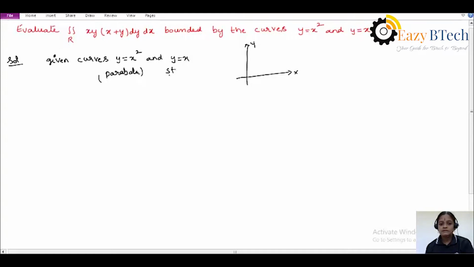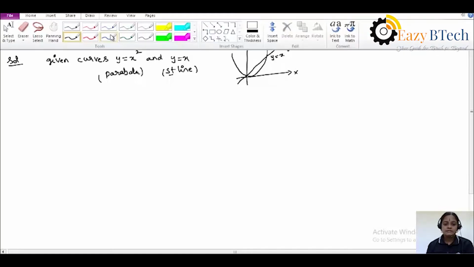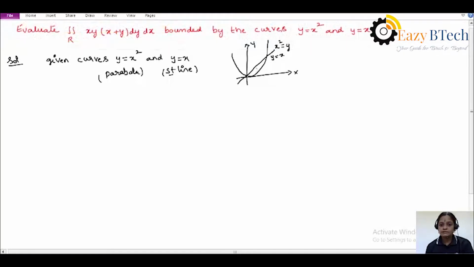And y = x is a straight line passing through the origin. The parabola x² = y also passes through the origin. So the region bounded by these two curves is this part.